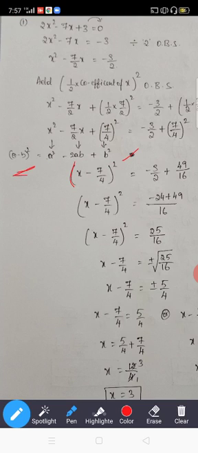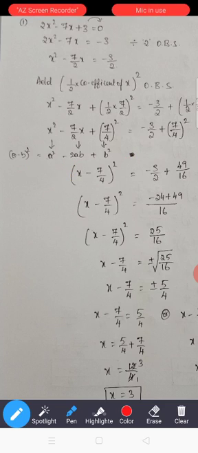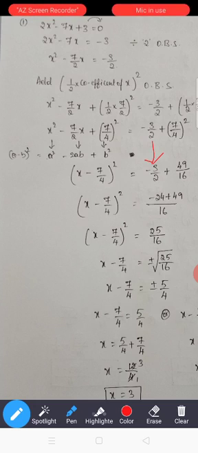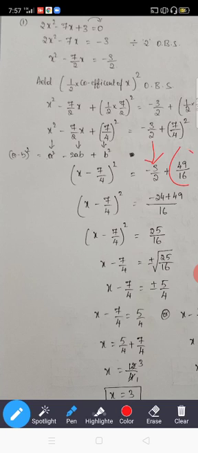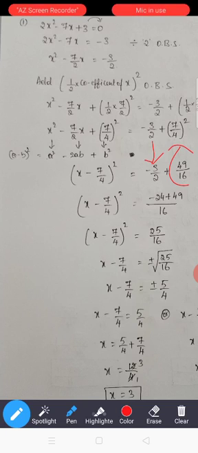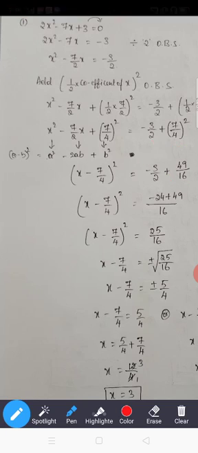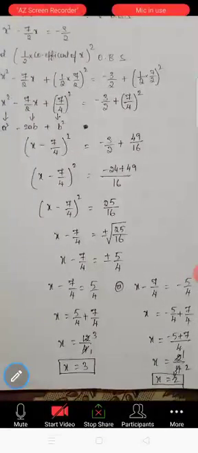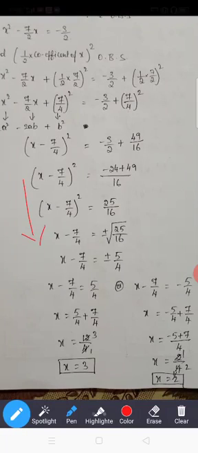That is the a minus b whole square formula. Similarly, you write this one as it is, minus 3 by 2, and 7 by 4 whole square becomes 49 by 16.